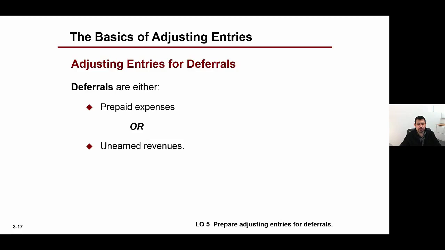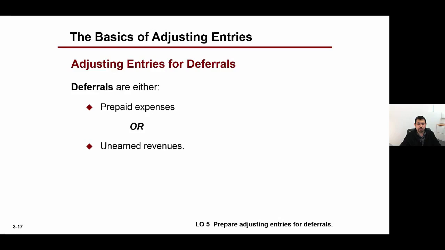Therefore, we need to make adjustments to record the part that was incurred or recognized during the current accounting period. Take insurance policies, for example. Let's say you pay in advance for a whole year.